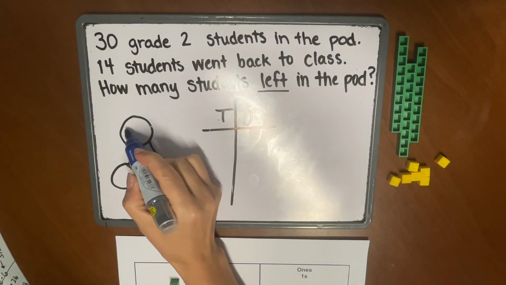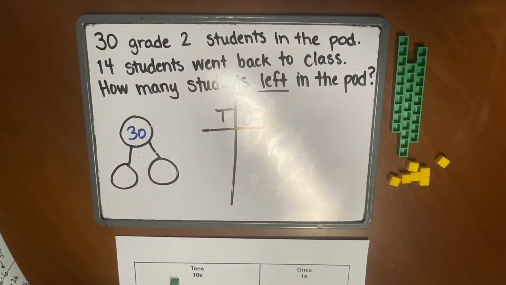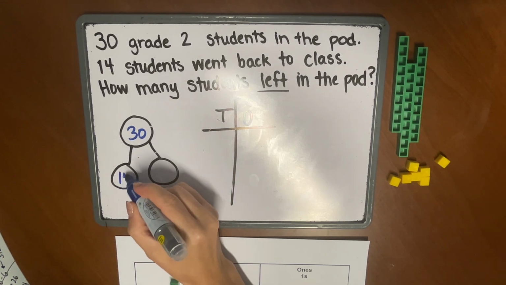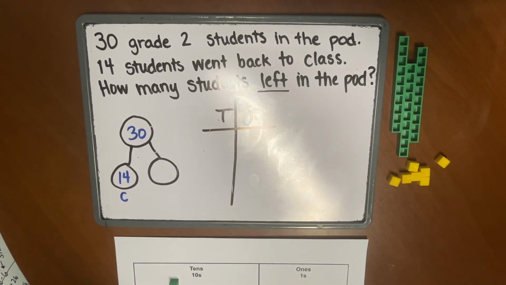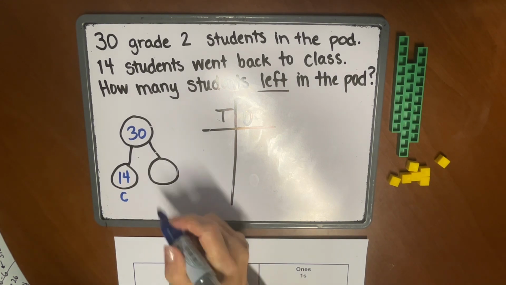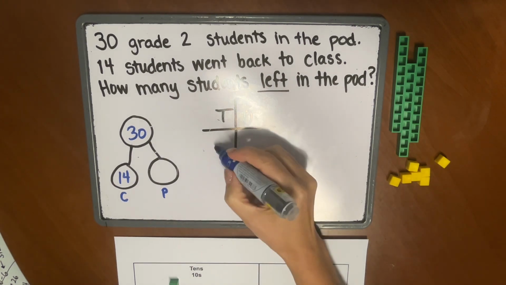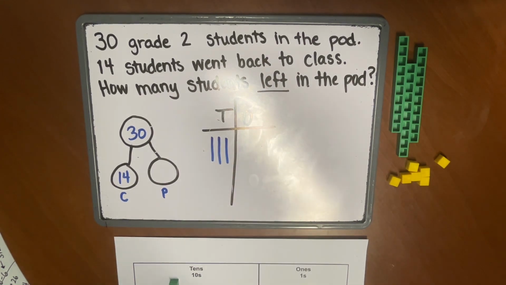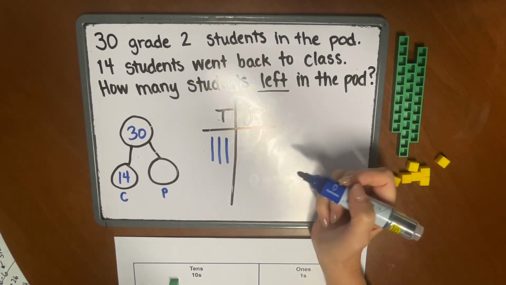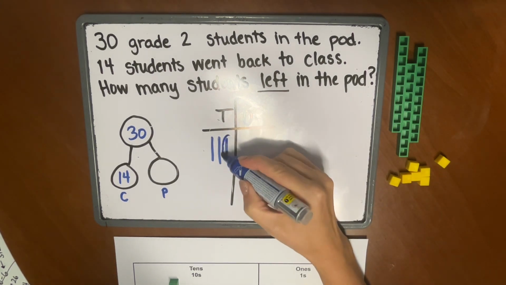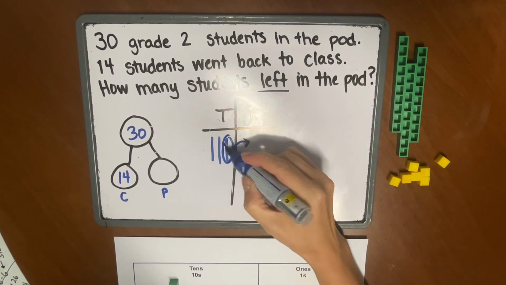Well, I know that there were 30 students in total, and 14 went back to class, and there were some left in the pod. So for my tens and ones chart, I had 3 tens. There were 30 students in the pod. And then 14 went away. Well, I needed to trade this and move it to here.